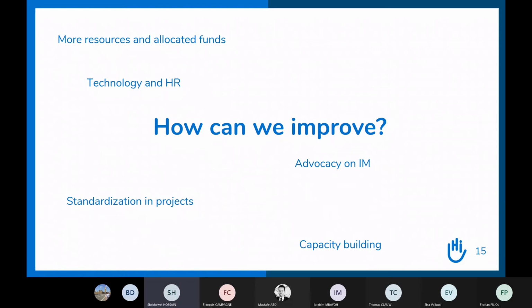Then is better communication. The data management system should include visualization and explanation that explain our work and the changes we are working for. So we need better ways of communication.